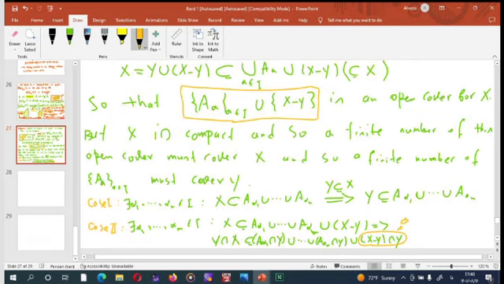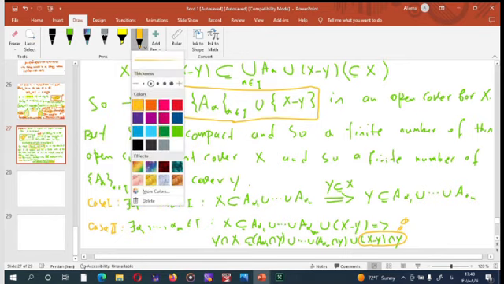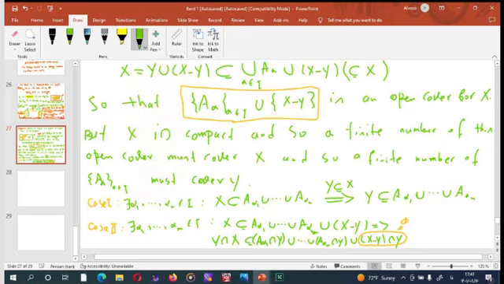So we have only this n or m sets. We write m, so that this is m and this is m. Okay, but this is equal to Y, and all of these.